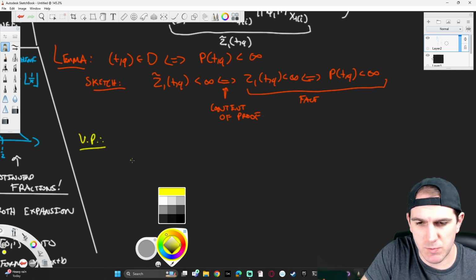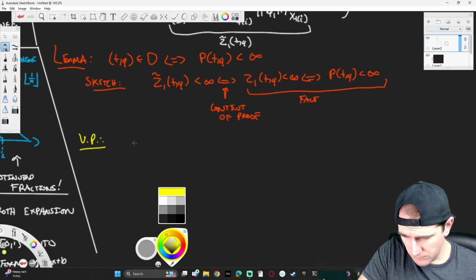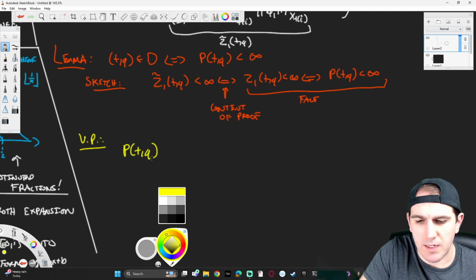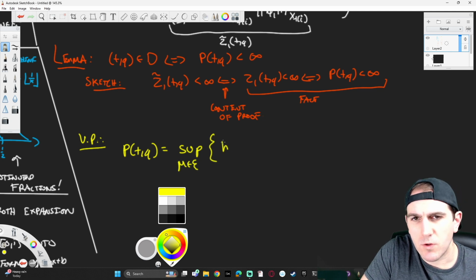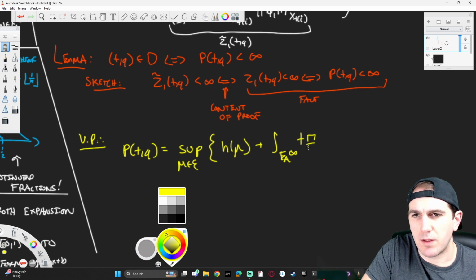The variational principle says that if you look at the pressure, and this is specialized to our situation, at some T and Q, this is going to be the supremum over measures that are ergodic for the system of the quantity of the topological entropy for that measure plus the integral over E A infinity of the corresponding amalgamated potential.